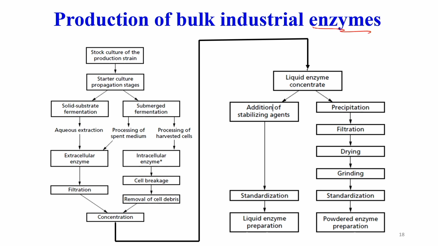We have to see whether the enzyme is intracellular or extracellular. If it is intracellular, then we have to go for cell breakage, then remove the debris, and then you will get the enzyme. If it is extracellular, we can simply use filtration to separate the cells, remove the cells, and then go for the liquid enzyme concentrate.